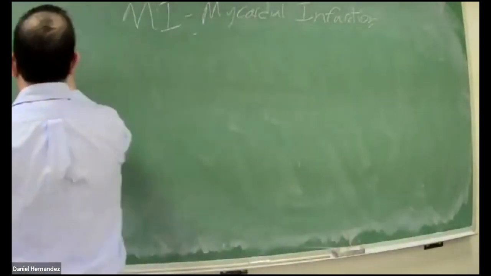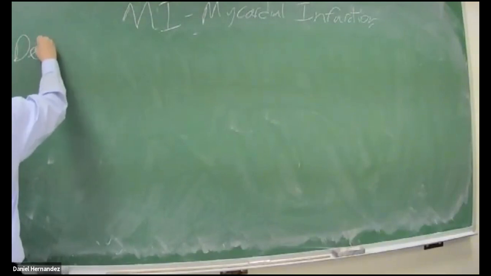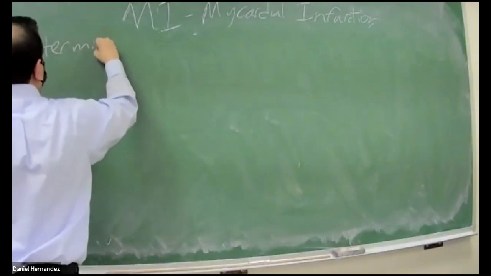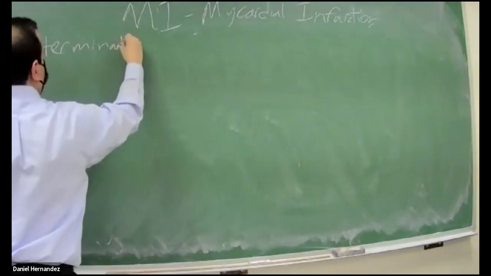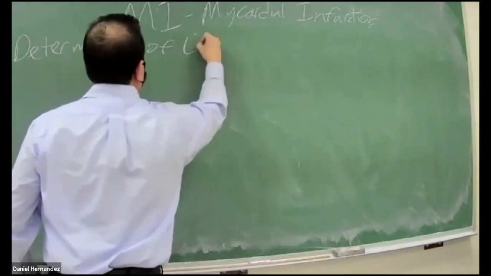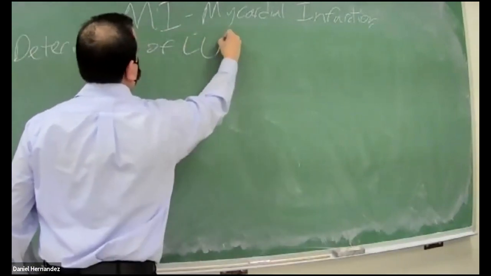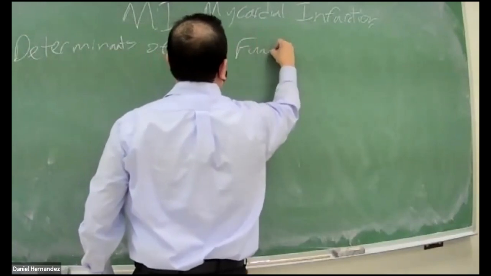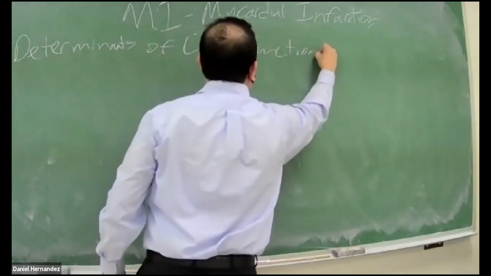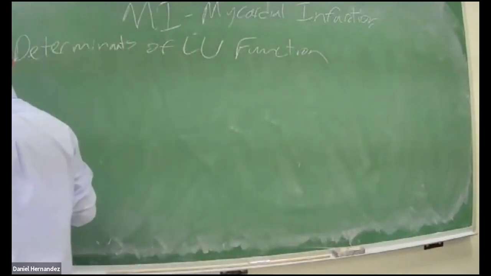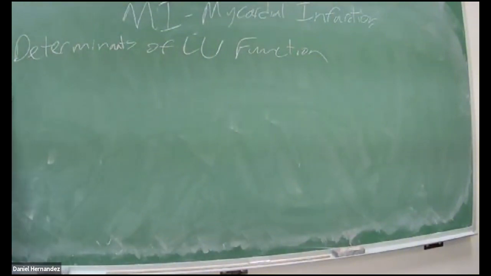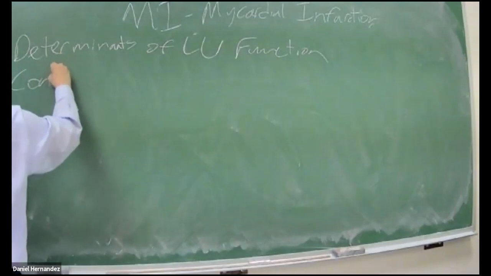All right, so we now have determinants of LV function. The first thing is going to be contractility.